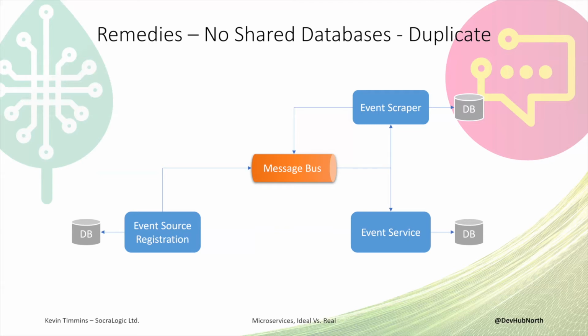So do not share your databases, duplicate the data. If you want to justify why that's okay, well, first of all, storage isn't as expensive as we think it is. And secondly, if the cost of duplicating it outweighs the value that duplicating it adds to the business, then it's probably worthwhile going back to the drawing board in the first place.